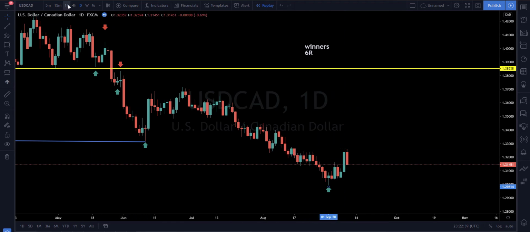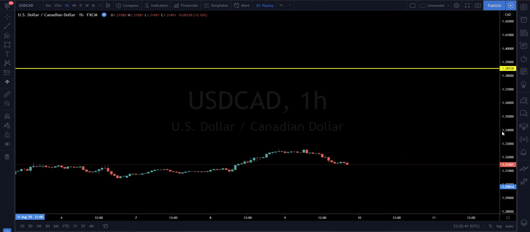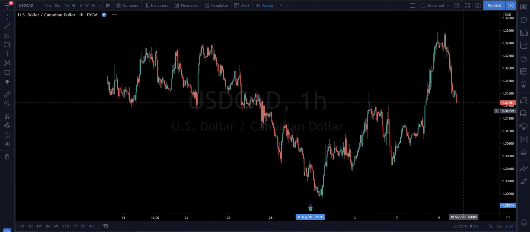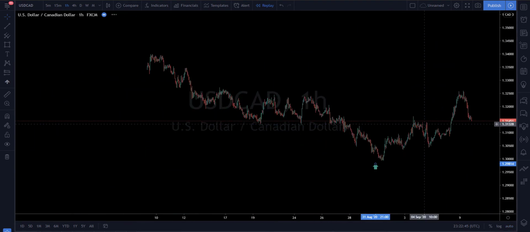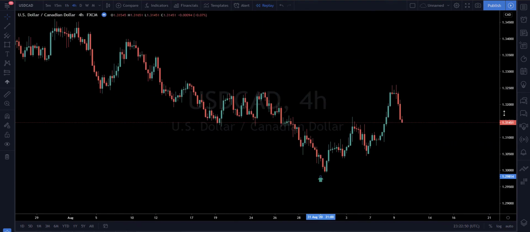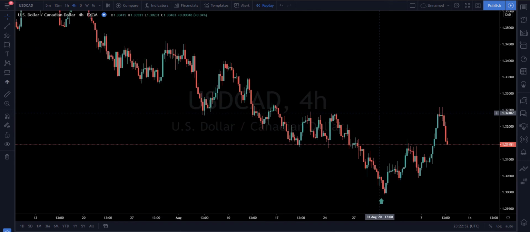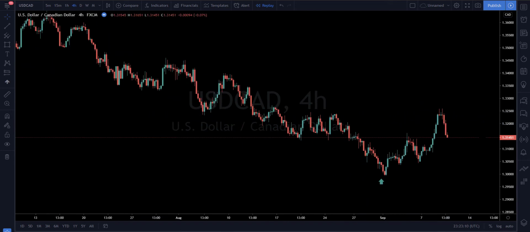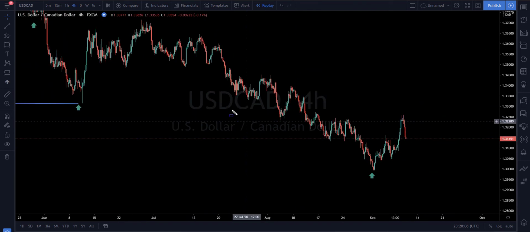Let's go down to the 1 hour chart. I like to go take a look, or even 4 hours. Let's take a look. So this support here got broken here, testing, nothing.